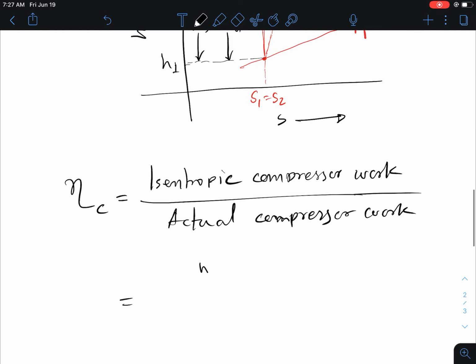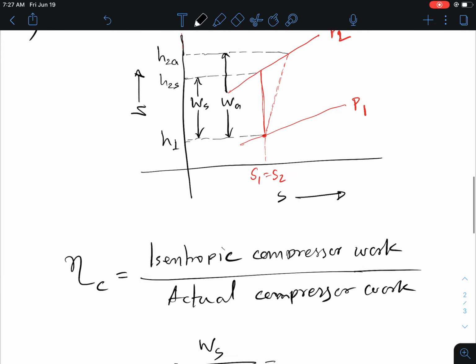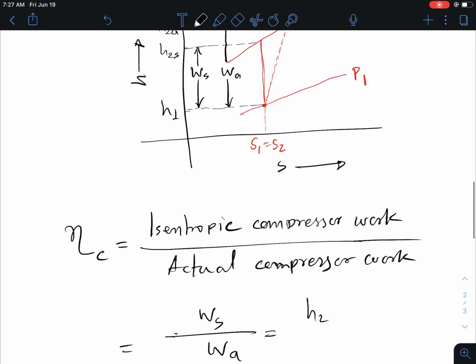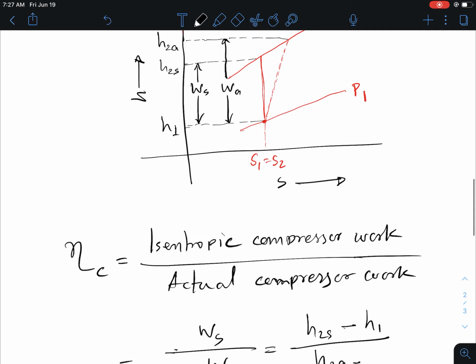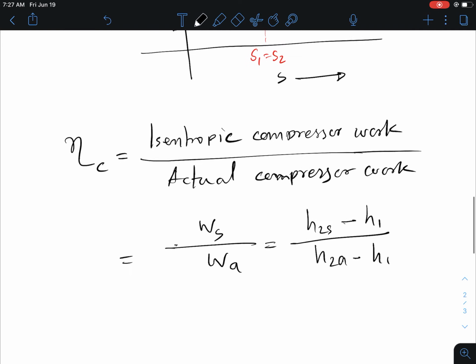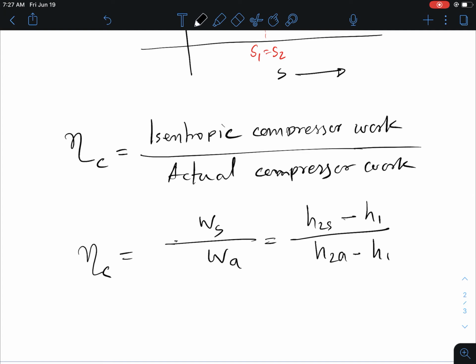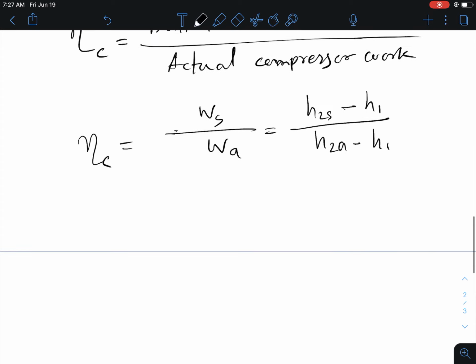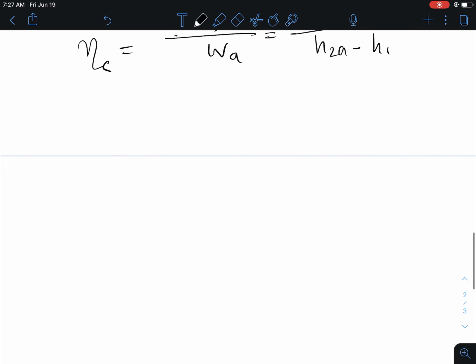So Ws divided by Wa. For Ws, from this diagram we can see it will be H2S minus H1, divided by H2A minus H1. So this is the efficiency for a compressor if it is a steady flow as well as isentropic, right? So that's the efficiency condition.